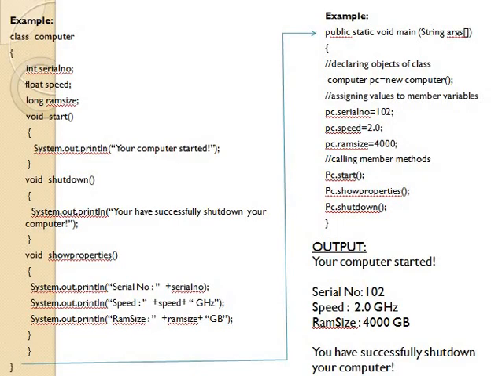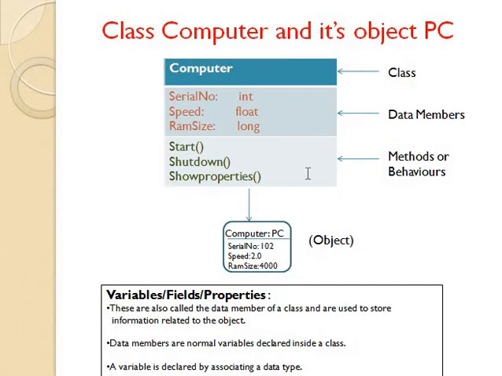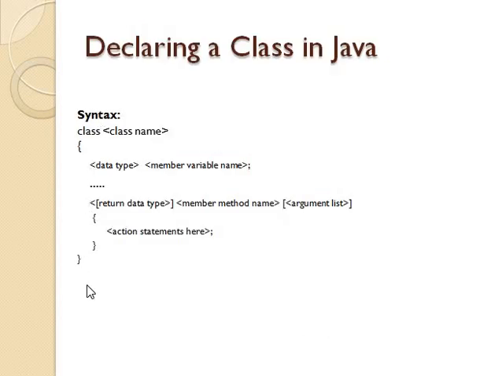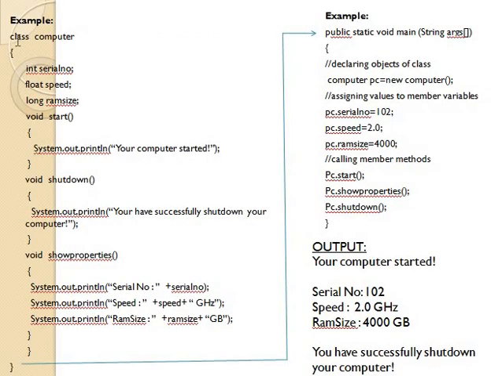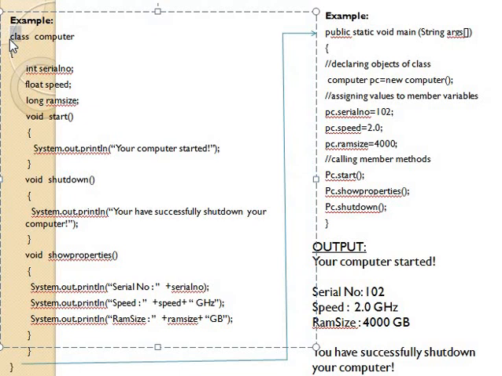Now I will show you a Java program that will create this class called computer using this syntax. At first you declare the class by specifying the keyword class and then the name of the class, computer.